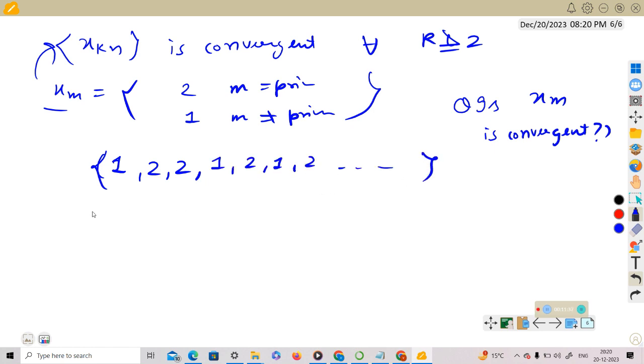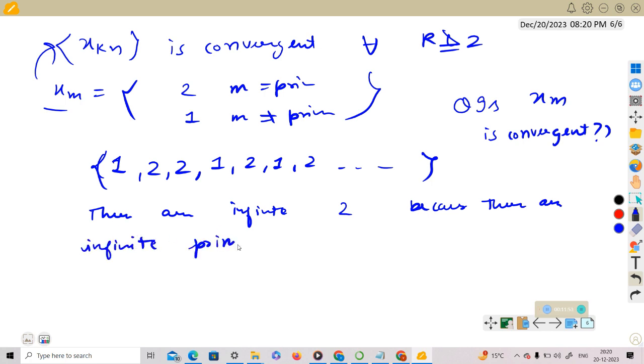There are infinite 2s because there are infinite primes, and there are infinite 1s because there are infinite non-primes. So it can never converge.